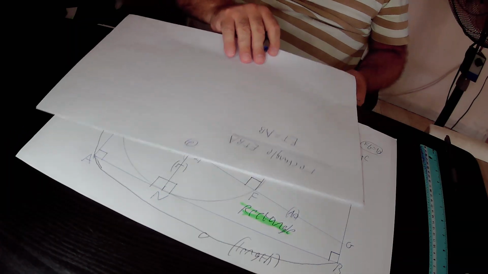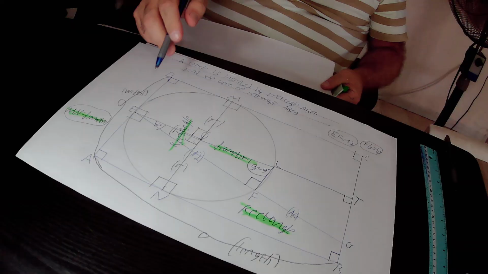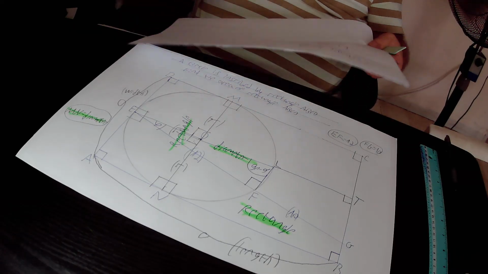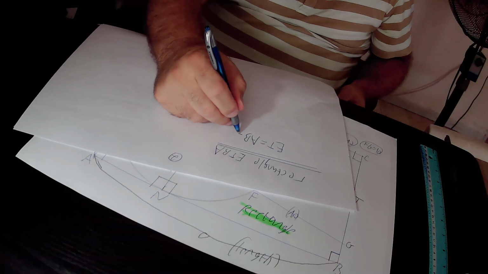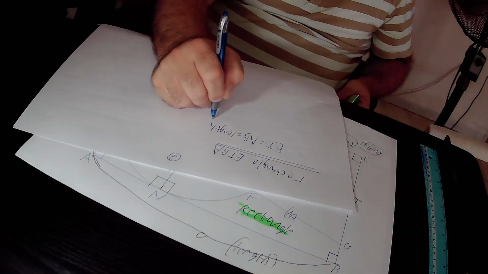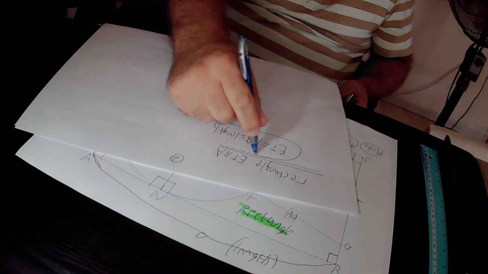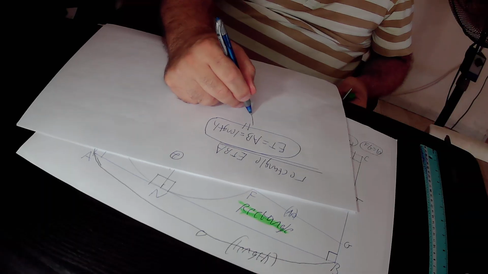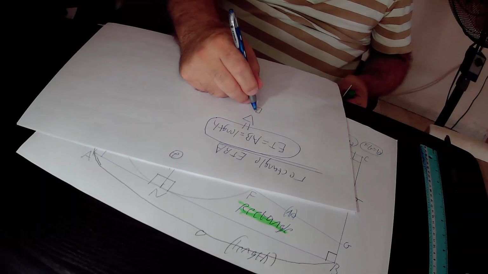But according to our definition, AB is the length of rectangle ABCD. So can I say that AB is the length of rectangle ABCD? And from this equation, ET equals AB equals the length of rectangle ABCD, we will derive that ET is also the length of rectangle ABCD.